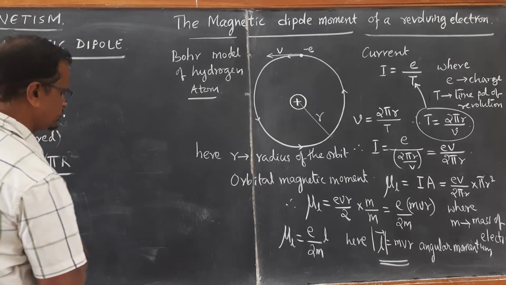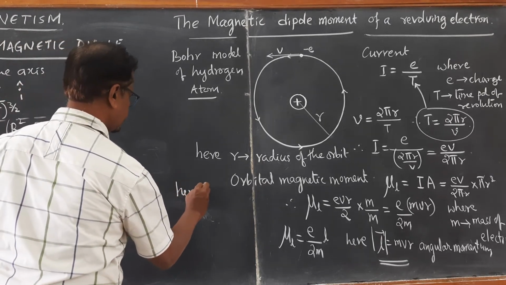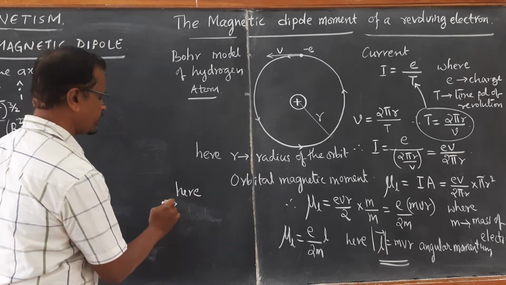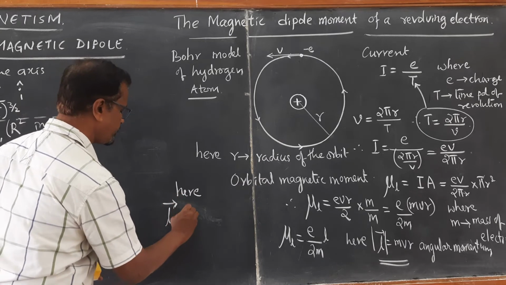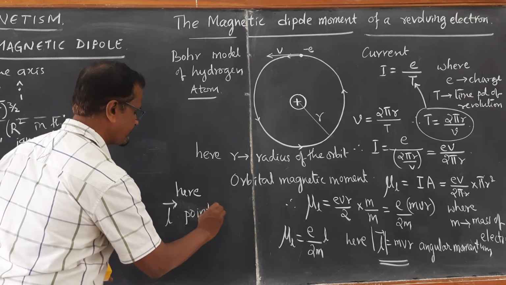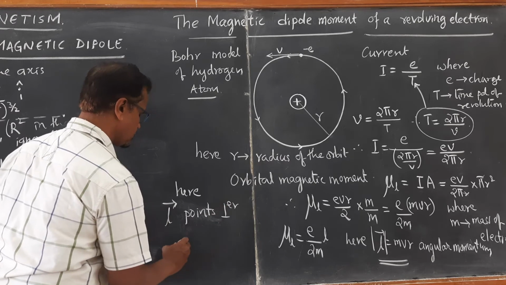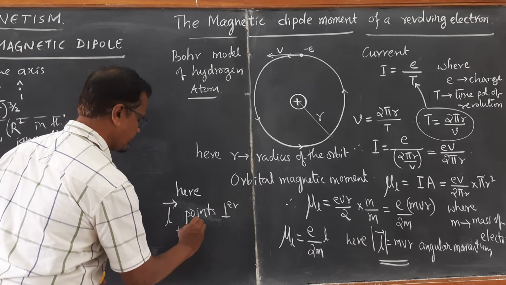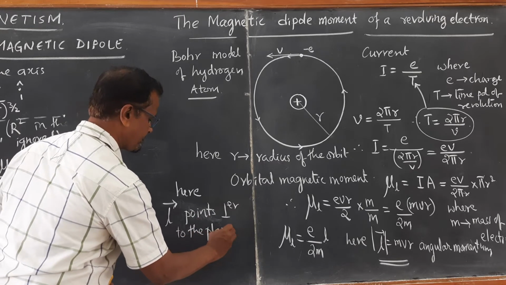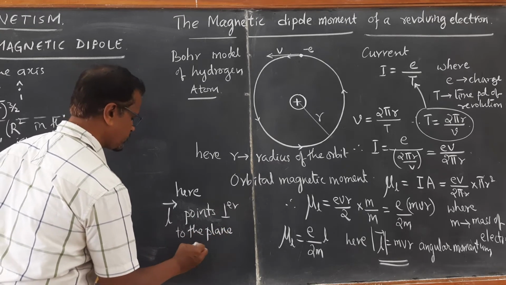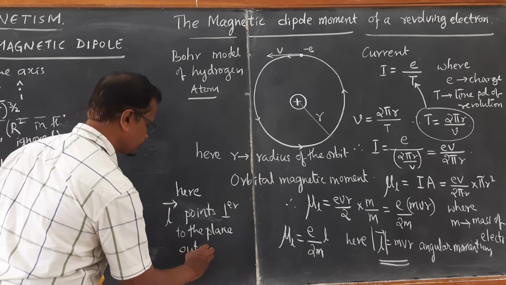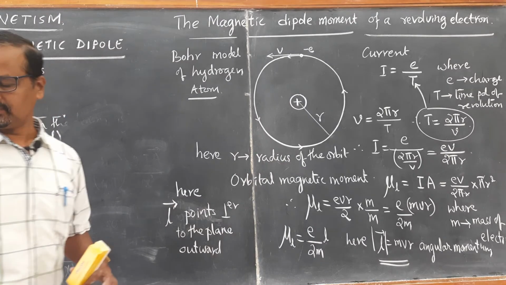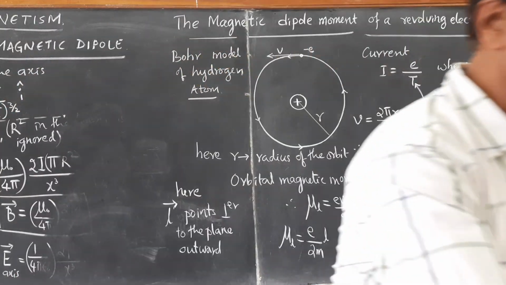Angular momentum points perpendicular to the plane, outwards. What about the magnetic moment?